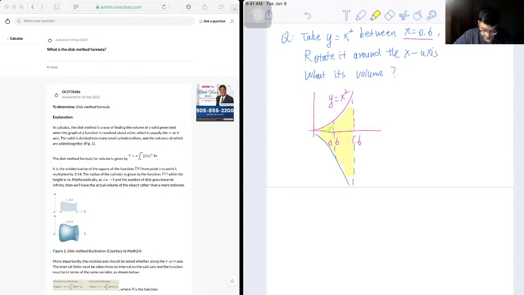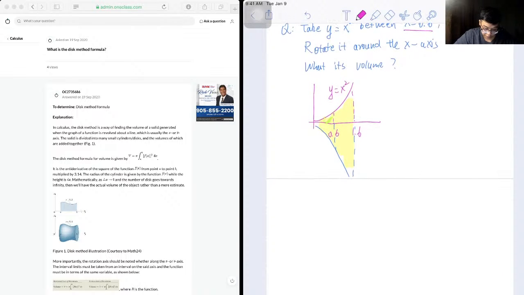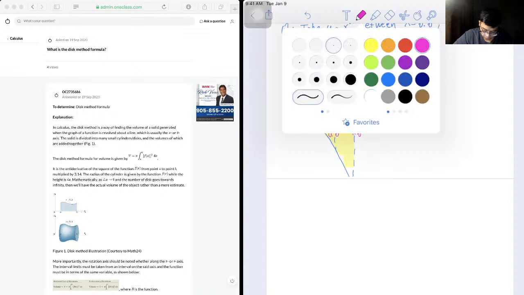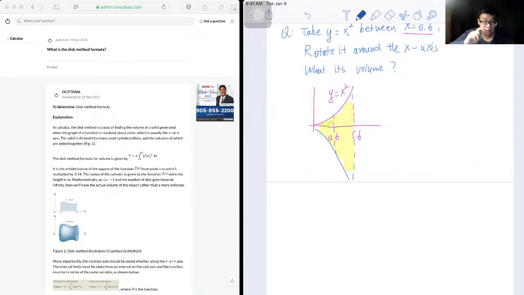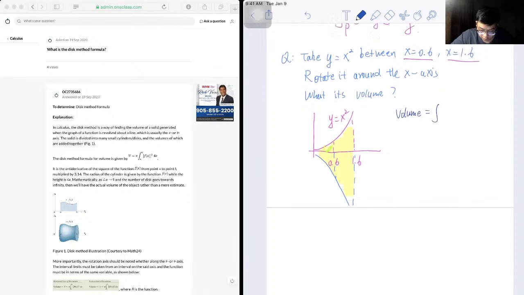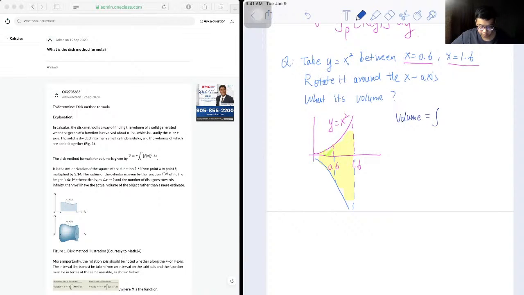So after knowing what the graph looks like, we'll apply our formula and solve the integration. So volume is equal to integral. Remember, the bottom part should be the lower limit, which in this case will be 0.6, and the upper part will be our upper limit, which is 1.6.